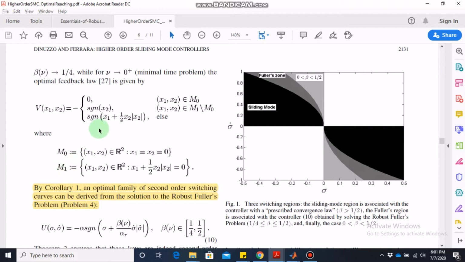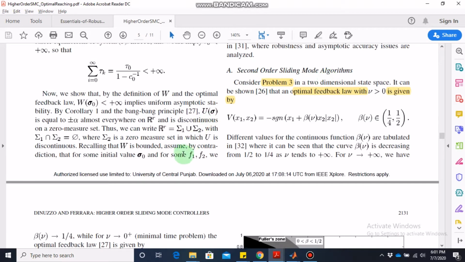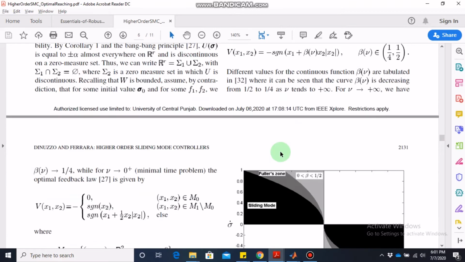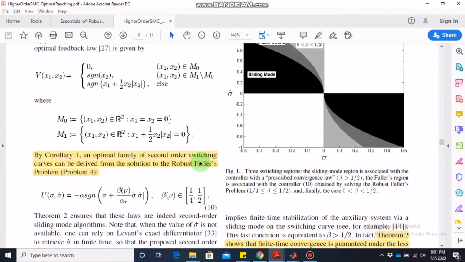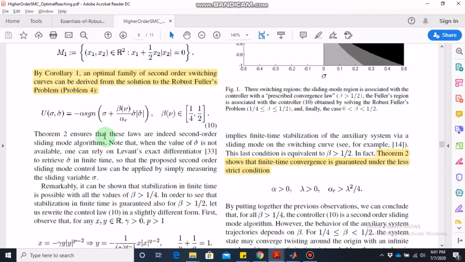And in general, when you are neither in m1 nor in m0, the control will be sign of x1 plus 1/2 x2 times the absolute value of x2. So this is the second order sliding mode control, where the control input appears in the second derivative of the sliding surface, and this is also for second order systems. And this is again another form of the control law.